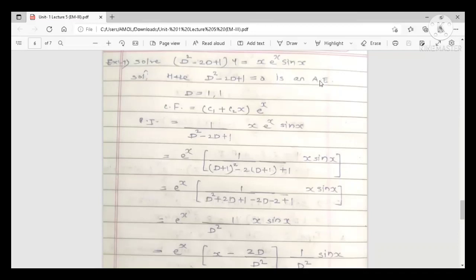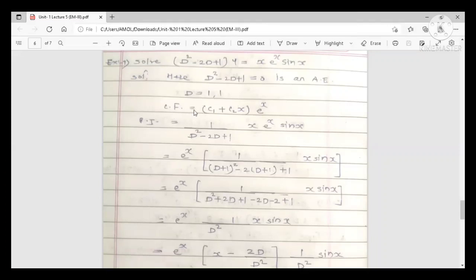Now, what are the factors? It is a perfect square, d minus 1 whole square is equal to 0. So the roots are d is equal to 1, 1, meaning there is a single root 1 and it is repeating 2 times.